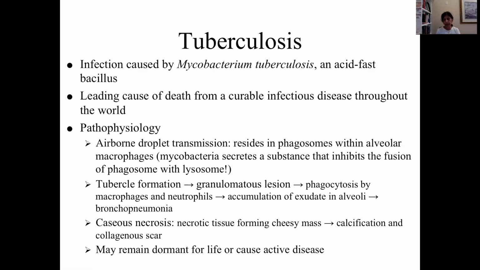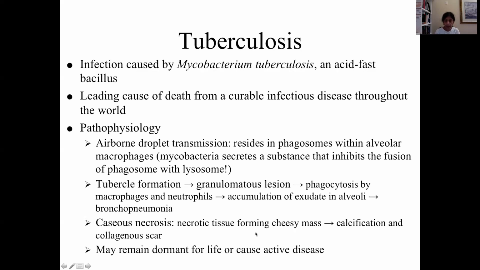These are granular leukocytes. You're going to recruit neutrophils also to phagocytose these bacteria. So you not only have macrophages, but you may also have neutrophils around this infection within the alveoli.